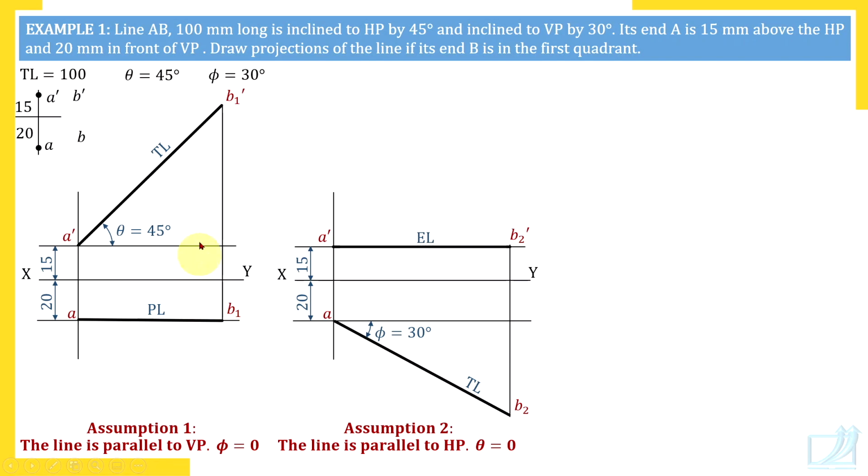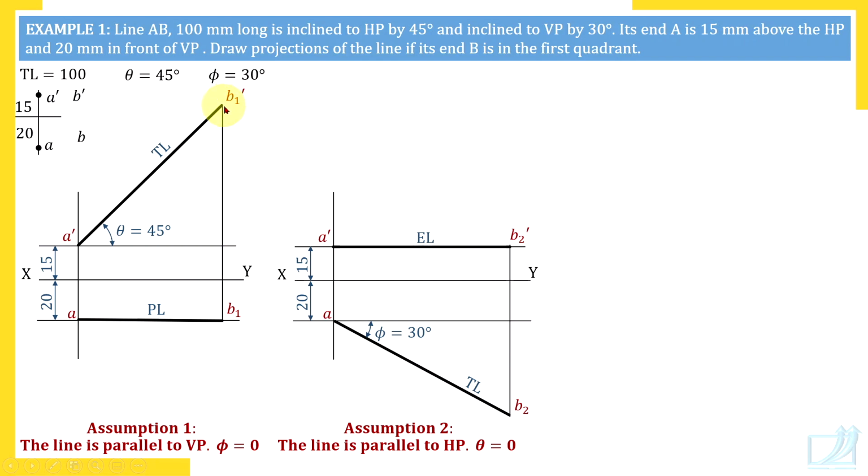Listen, B1 dash, this vertical edge of this triangle. What is length of this vertical edge? True length sine 45 plus 15. What is that? Distance of B1 dash from XY line. So here this is a distance of point B from HP.